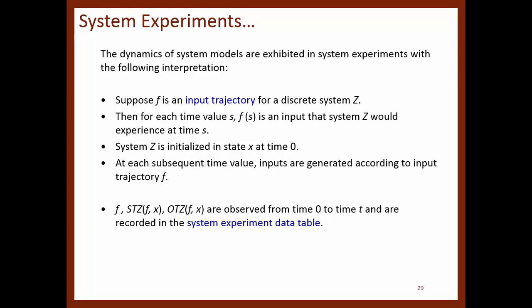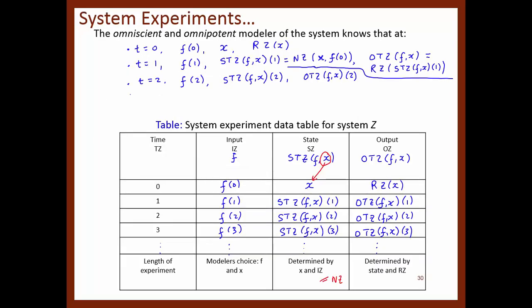F, the state transitions, and the output trajectories are observed from time 0 to time t and are recorded in the system experiment data table. So, the omniscient and omnipotent modeler of the system knows the following. At time 0, we have the initial state and the readout function.